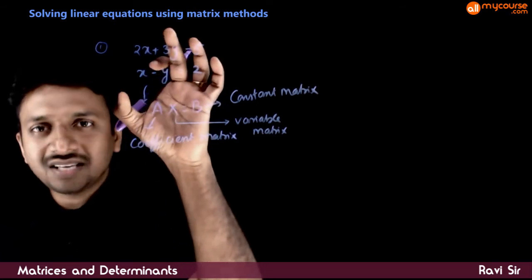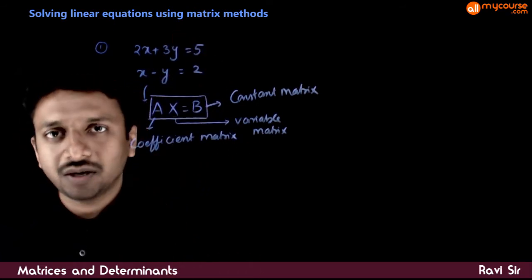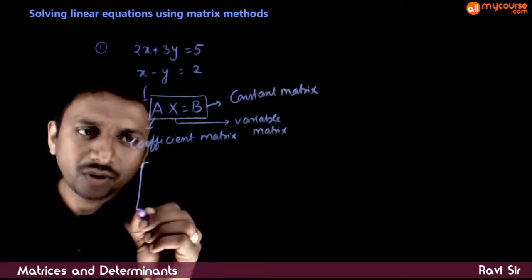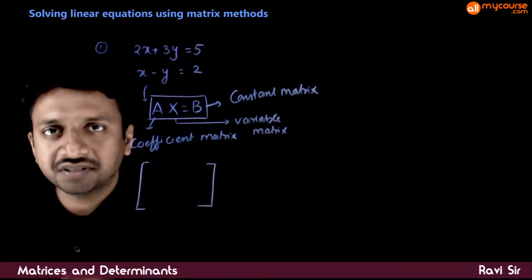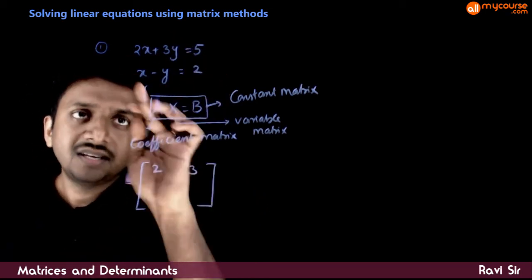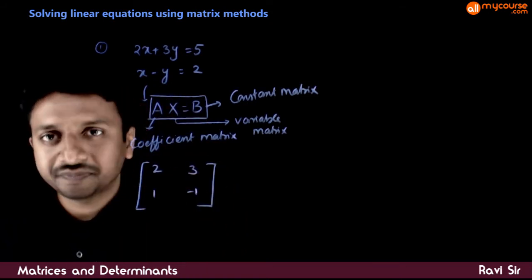So you express these equations in the form of AX is equal to B. A is the coefficient matrix. First you write all the coefficients. X coefficient is 2, Y coefficient is 3, X coefficient is 1, Y coefficient is minus 1.